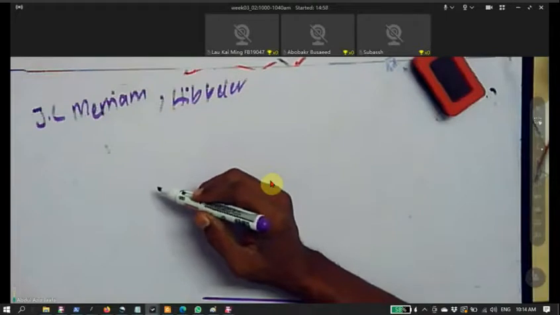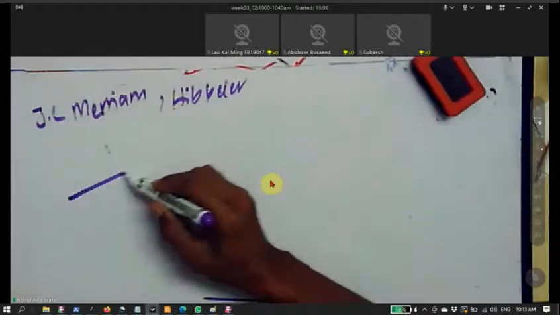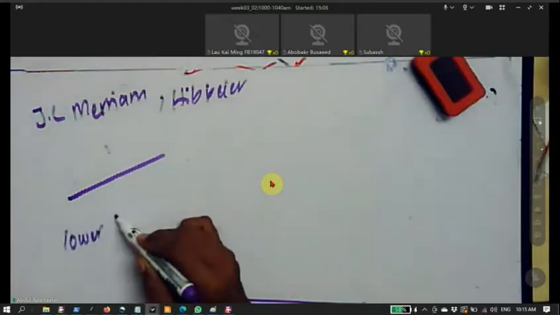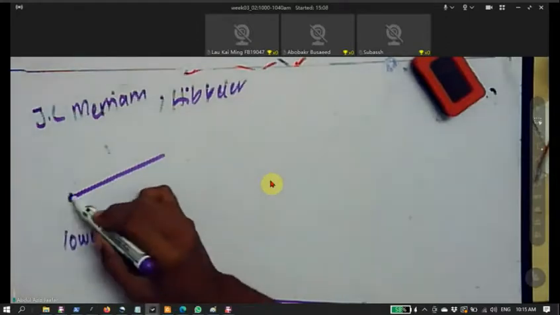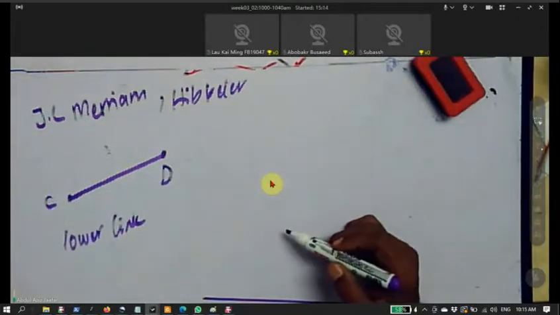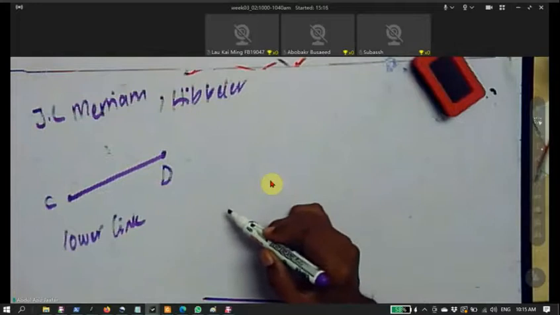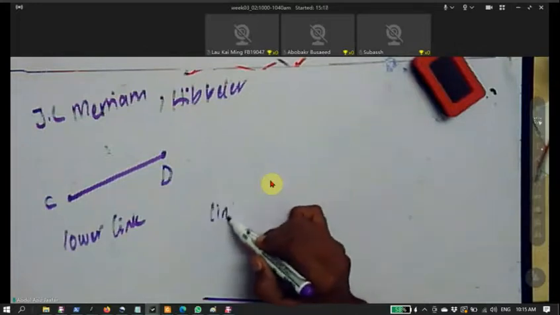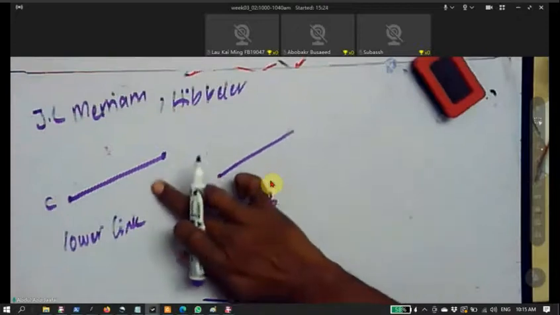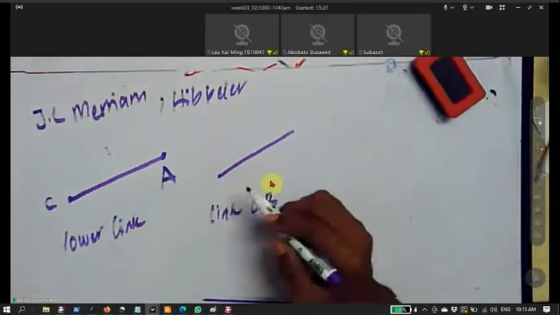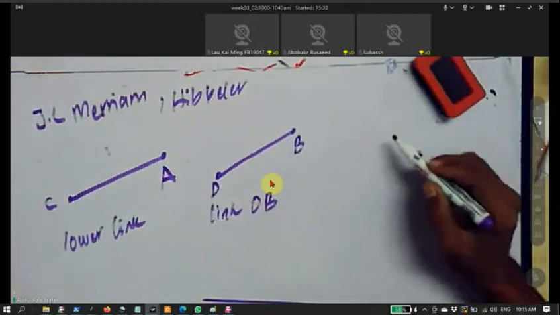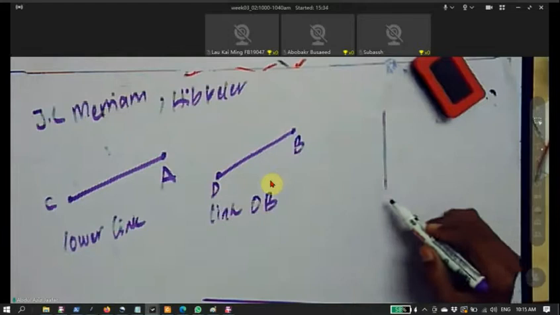If we separate the components of the system, we have the lower link CD, link DB, and vertical bar AB.